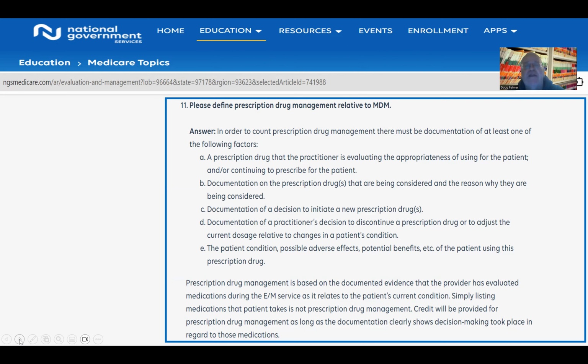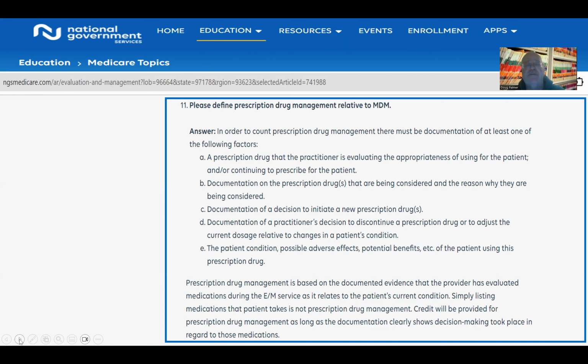This documentation on the prescription drugs that are being considered and a reason why they are being considered. Documentation of a decision to initiate a new prescription. Documentation of a practitioner's decision to discontinue a prescription drug or to adjust the current dosage relative to changes in the patient's condition.